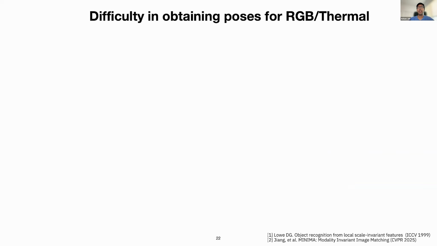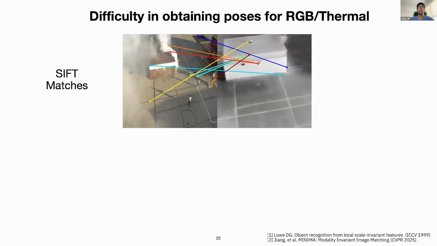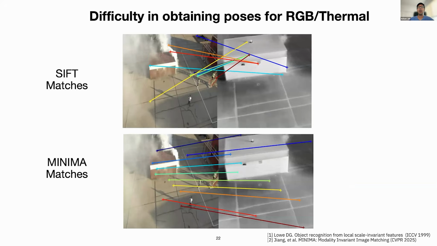Since we're doing joint RGB thermal reconstruction, we also need to do matching between RGB images and thermal images. Again, SIFT doesn't work well. We observe that MINIMA, a feature matching technique designed for RGB thermal, cross infrared matching, performs much better compared to MASt3R-SfM and SIFT both.